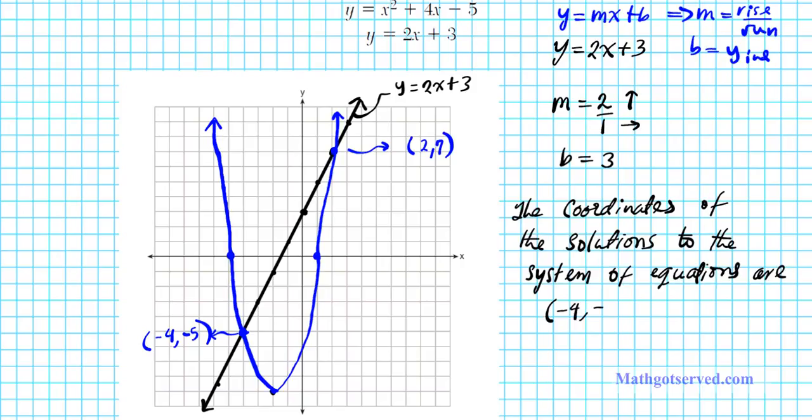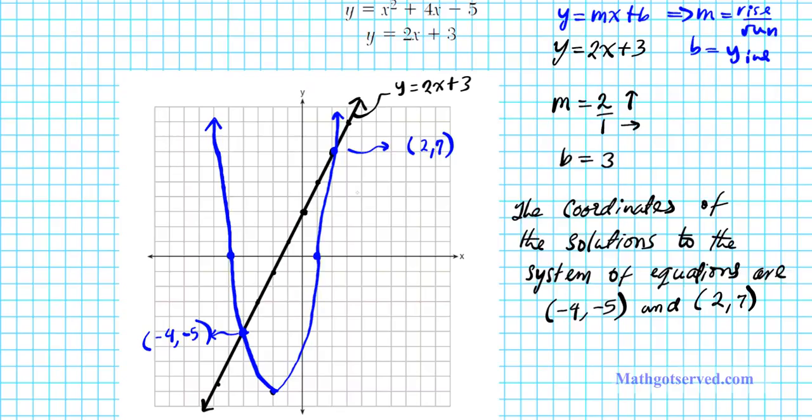That's the first point of intersection. And 2, 7. So you don't just graph it, you must clearly state what the solutions are. It basically indicates that you understand what you're doing.